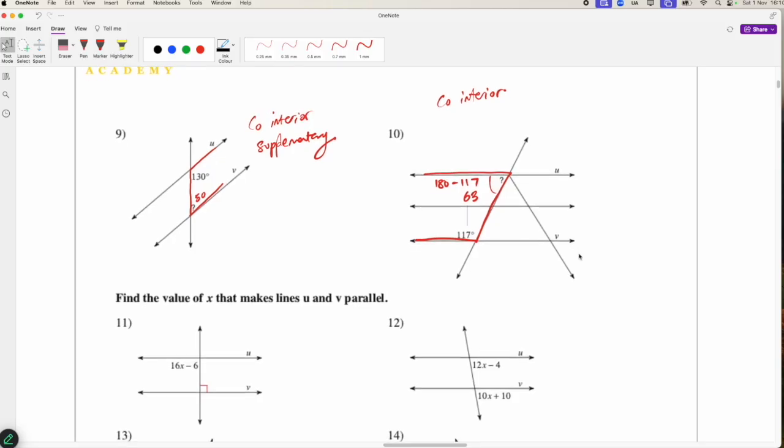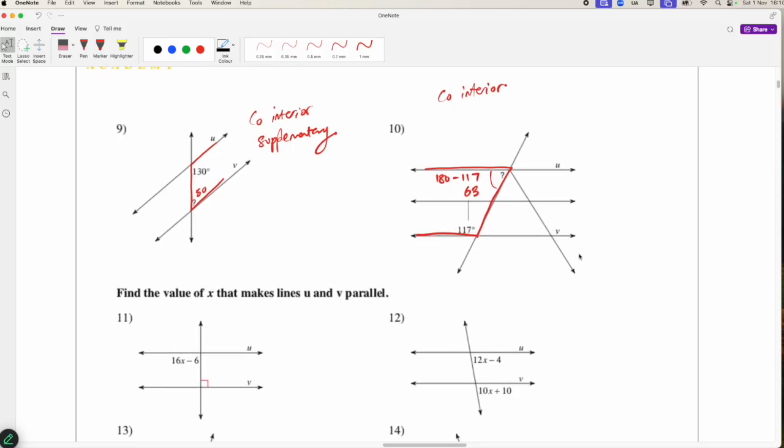If we look at the bottom here, we have a solve for x situation. Find the value of x that makes the lines u and v parallel. The reason they word it like that is that only if the lines are parallel would these two angles here be alternate angles.